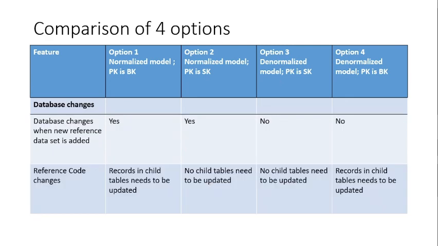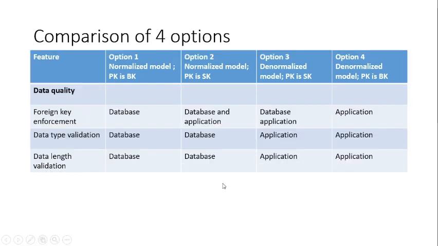So when a new reference data set is needed, database schema changes for option 1 and option 2. For option 3 and option 4, no database schema changes. And we covered data quality earlier. So those are the 4 options for modeling reference data in OLTP systems.